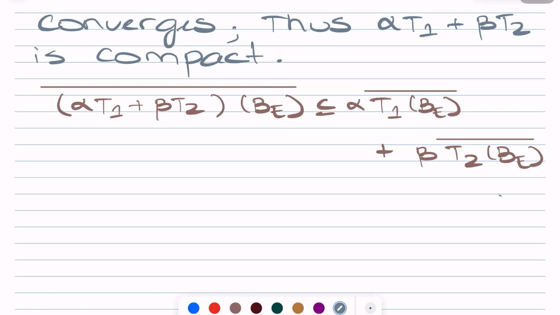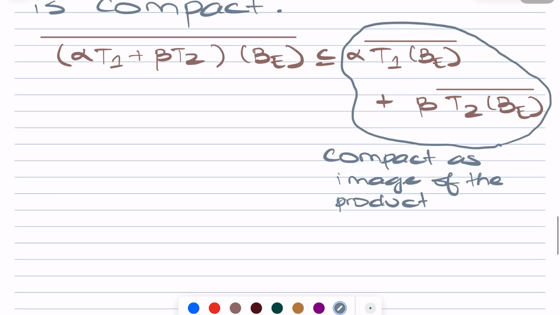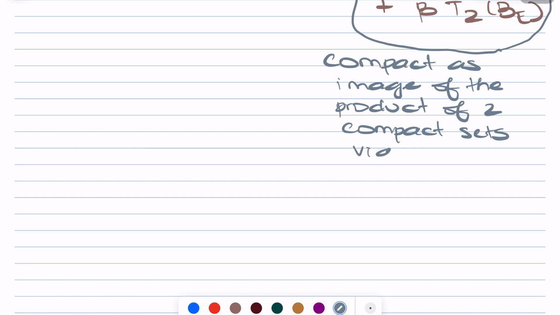The idea is to observe that this is compact as the image of the product of two compact sets via the continuous map which at (x, y) associates x plus y.